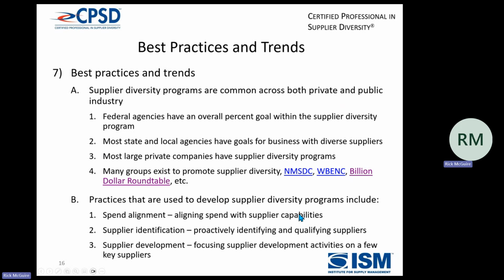Practices that are used to develop supplier diversity programs include spend alignment, aligning the spend with supplier capabilities; supplier identification, going out and proactively identifying diverse suppliers; and supplier development, focusing activities on a few key suppliers to bring them up to speed.